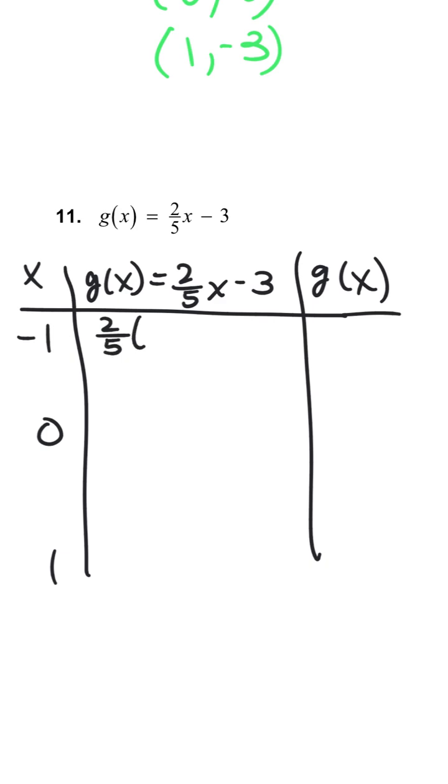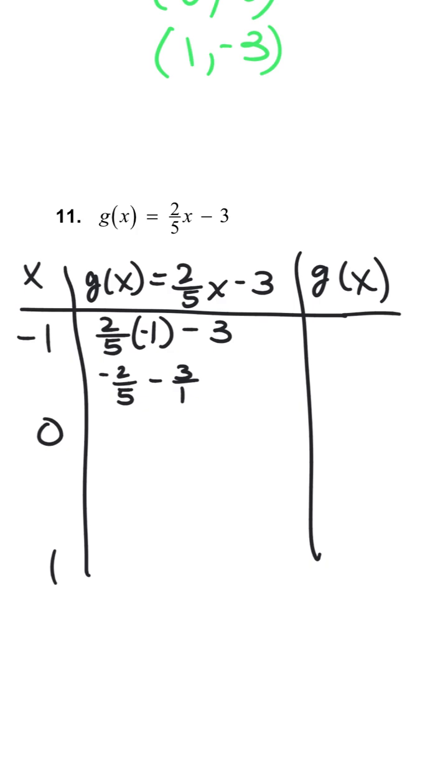So we have 2/5 times -1 minus 3. What is 2/5 times -1? It just means that our equation becomes negative 2/5 minus 3. All I'm going to do is 3 over 1, because 3 divided by 1 is still the same.